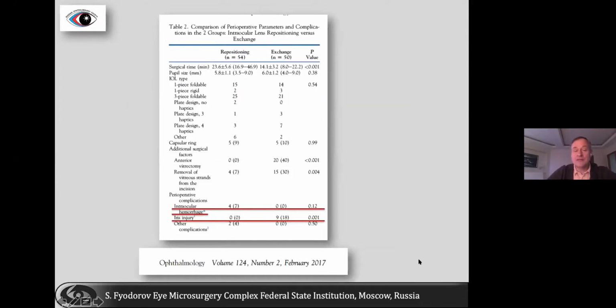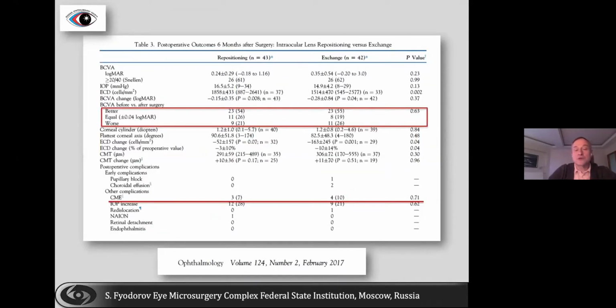Basically, the results were very similar in the two groups, with a slight difference in complications. For repositioning of the lens and suturing into the sclera, there were a little bit more bleedings, which is not surprising because we are passing the suture through the ciliary sulcus and sclera, while iris injury was more common for Artisan implantation combined with the IOL exchange.